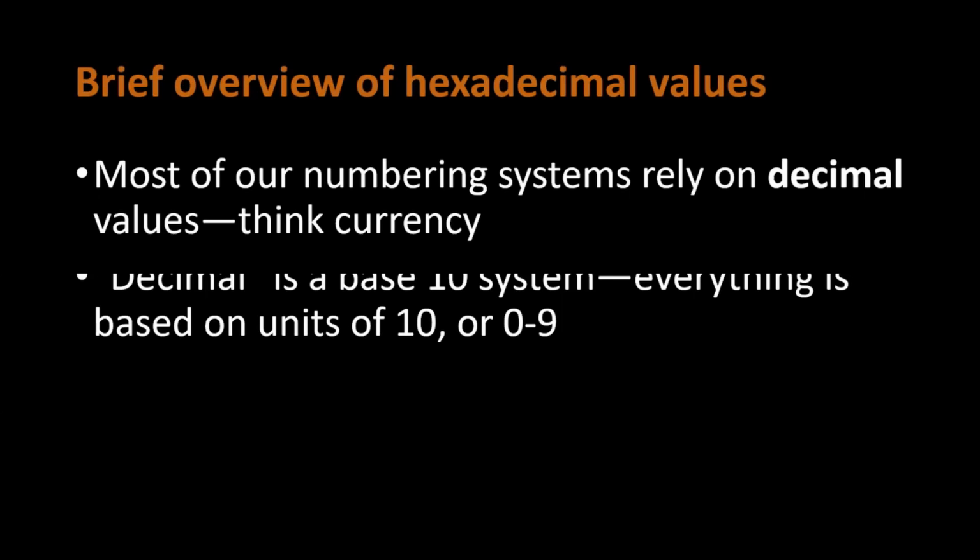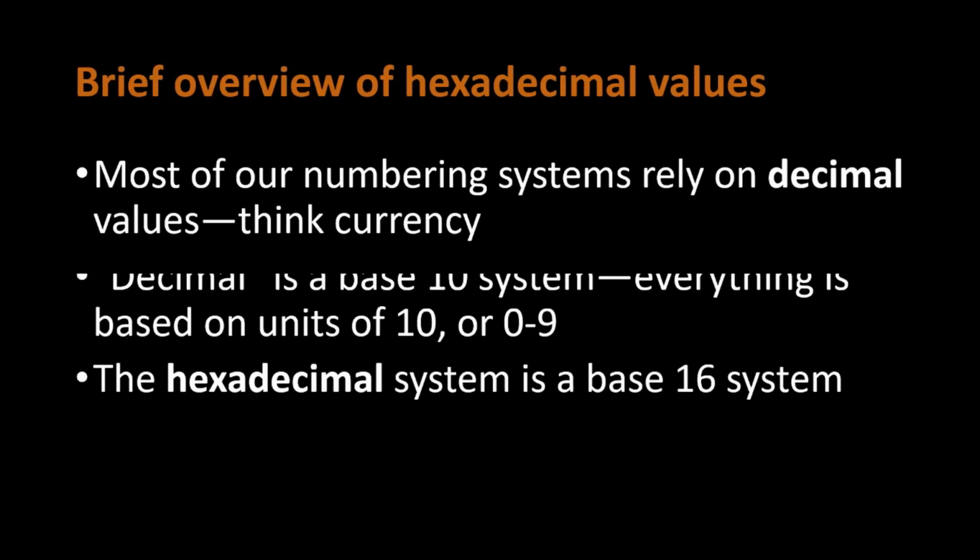Why would hexadecimal, which is base 16, be particularly valuable in computers? Because 16 is another one of those magic numbers that's 2 to a power, in this case, 2 to the 4th power. The fact that 16 is a power of 2, and we've got our on-off binary, makes a hexadecimal system very friendly for computing values by a computer.